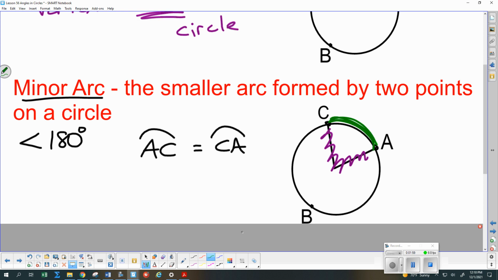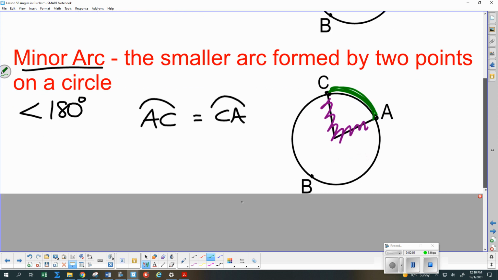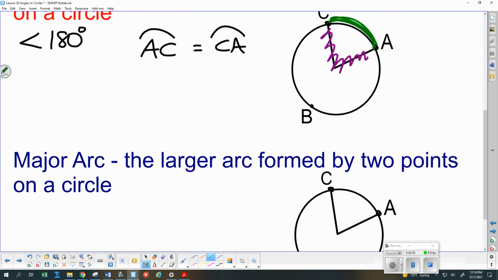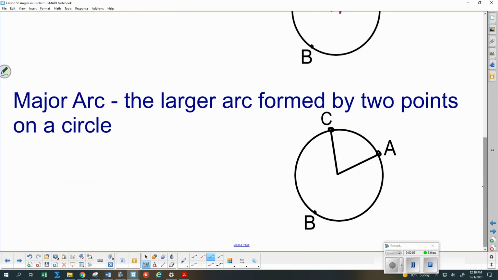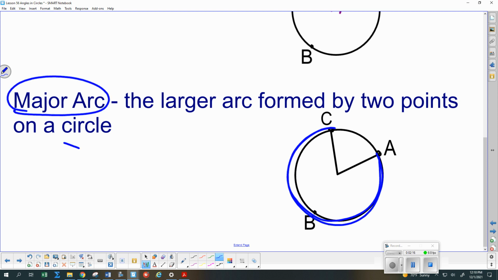But on some problems, I might want to talk about the long way around between A and C. So I might want to be talking about this other one, if I went all the way from A around to C like that. If I want to talk about something more than 180 degrees, I will need to use 3 letters to name it.